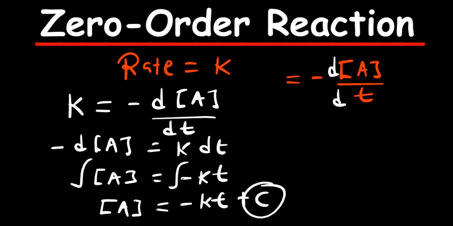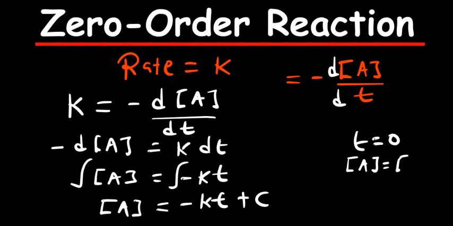Now what is this C in this case? You know that C is a constant of integration, at T equals 0. At T equals 0, that's when the reaction is starting. So what is the concentration of A at T equals 0? That is what we are calling the initial concentration. So C will just be the initial concentration of A, because that's when it's just starting.